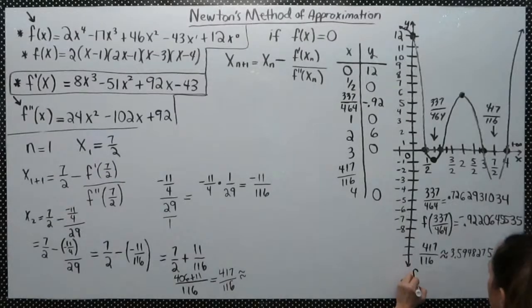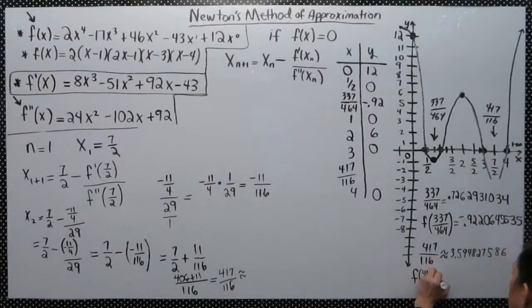And what we have to do is plug that into the original function. So f of 417 over 116.